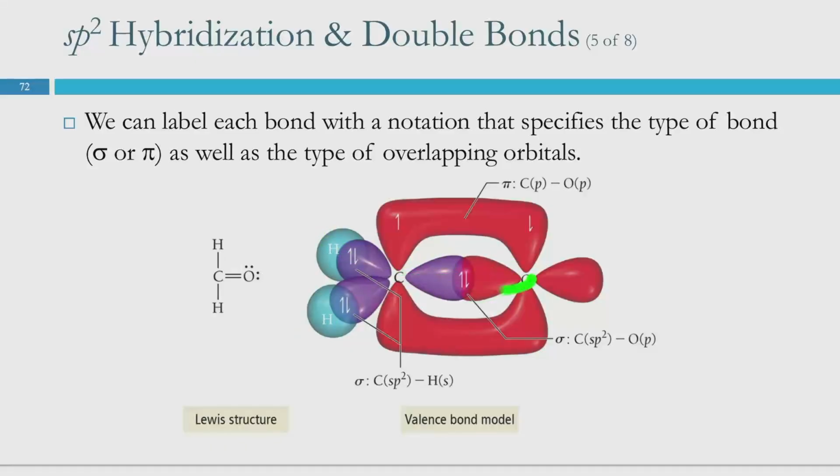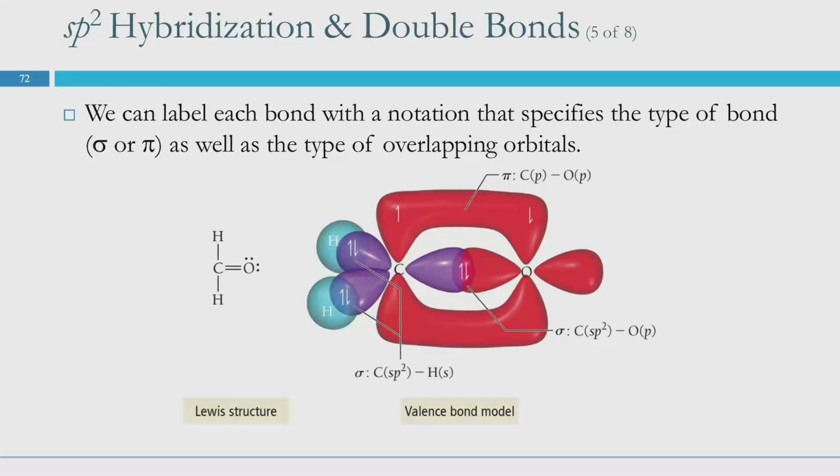It's got a sigma bond with the oxygen, and then it's got a pi bond with the oxygen as well, and that's what makes up the double bond. So we might think of the sigma bond as our first bond, and then the pi bond as our second bond. So that's how we get a double bond.